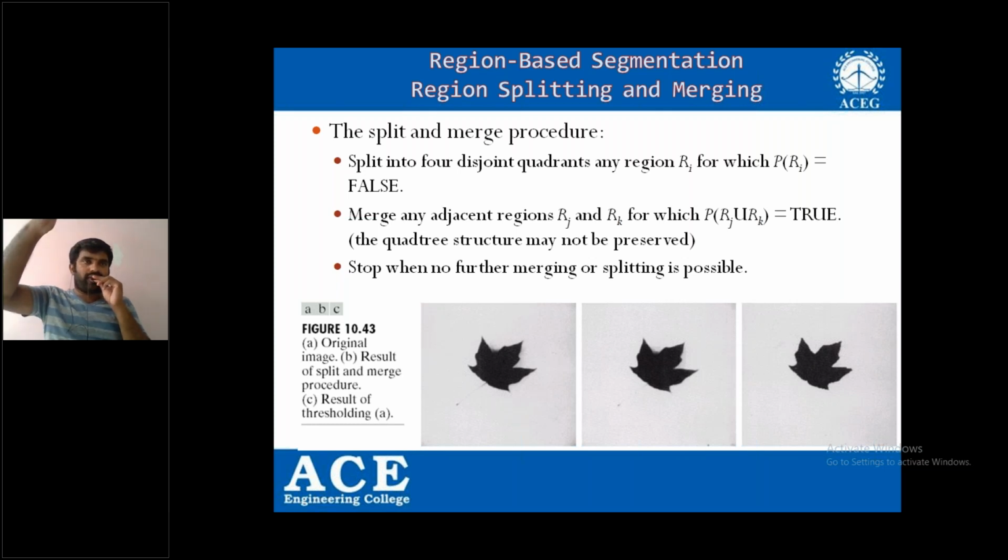First, detection of discontinuities, edge linking and boundary detection is used for segmentation. Second, thresholding is used for segmentation. Third, we can also use region-based segmentation, where either we can grow the regions or we can split the regions based on uniformity, right? So this is the complete segmentation procedure we follow in image processing, right?